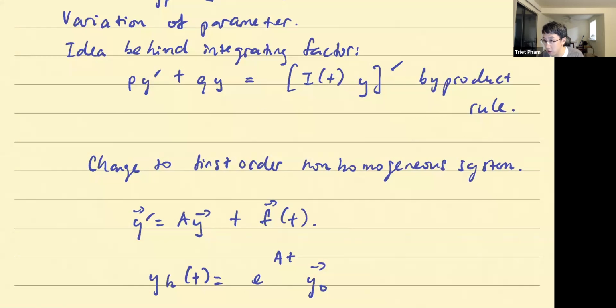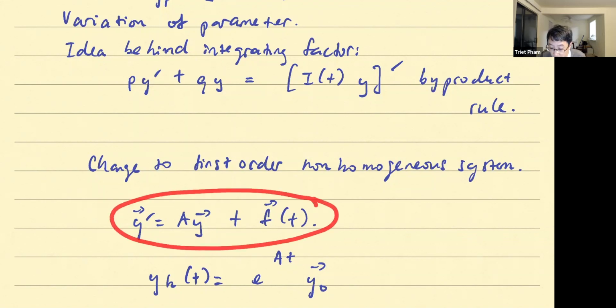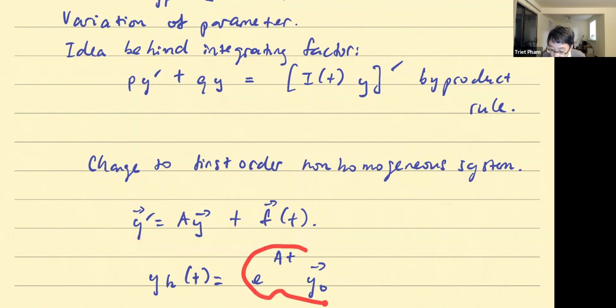Now, I don't know off the top of my head how to generalize, let's say, the integrating factor technique or whatever that is to a system of first order equations. But at least you could visualize that once you translate it to a first order system like this, where the notion of the exponential also applies, as we showed before, then you can also do something with the case when it's non-homogeneous.